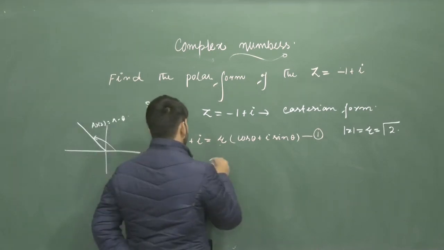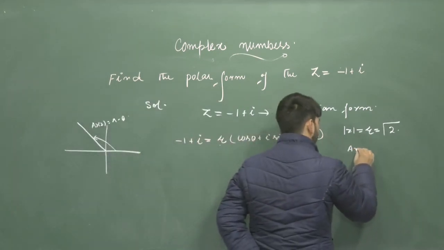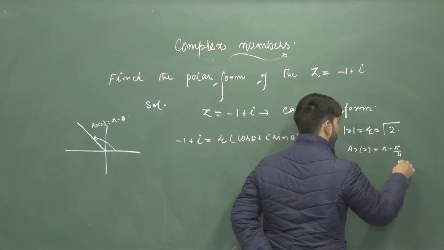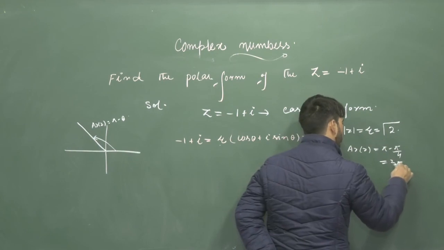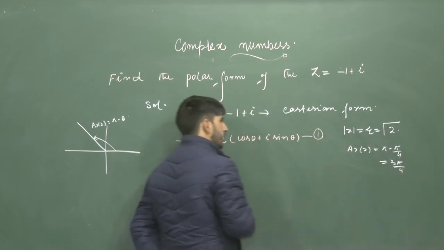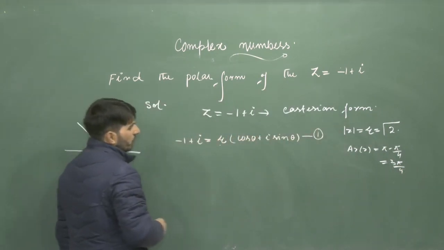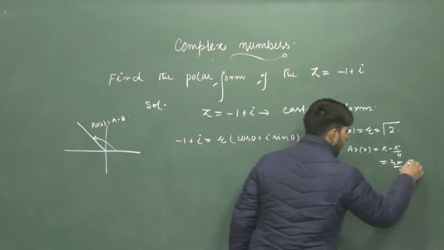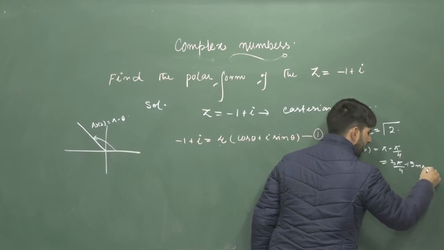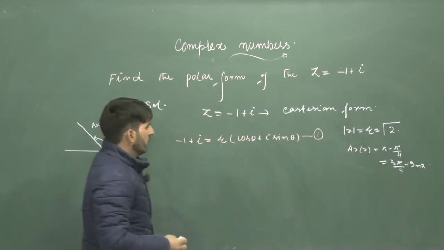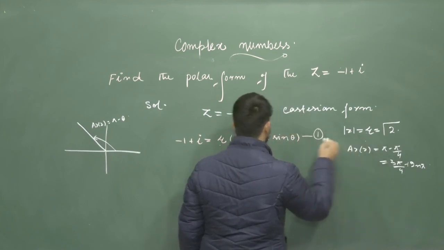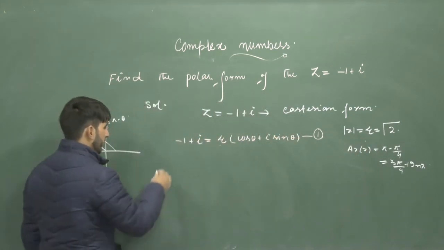So, we can write here the argument of z is pi minus pi by 4, that is 3 pi by 4. This is the principal argument here. So, we can add here 2 n pi. So, put these values, the argument of z and the modulus of z, in this given equation.